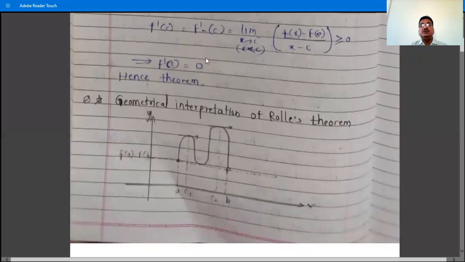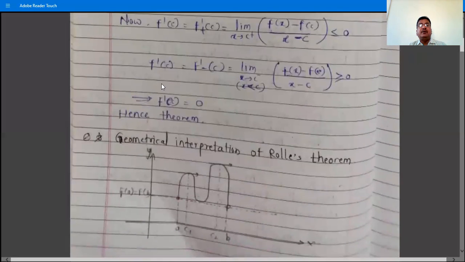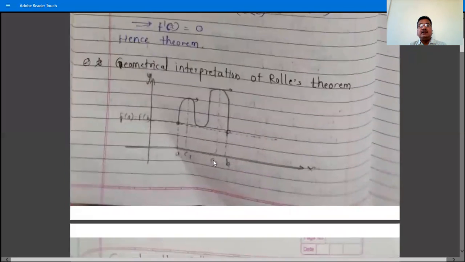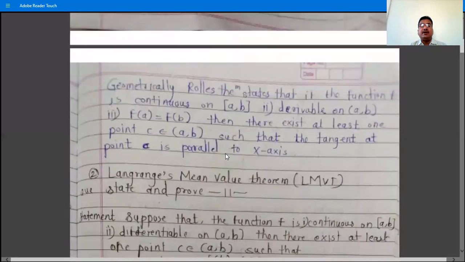F dash c equal to 0 means the slope of the tangent at point c is 0, and when the slope of the tangent is 0, the tangent is parallel to the x-axis. So this is the geometrical meaning.